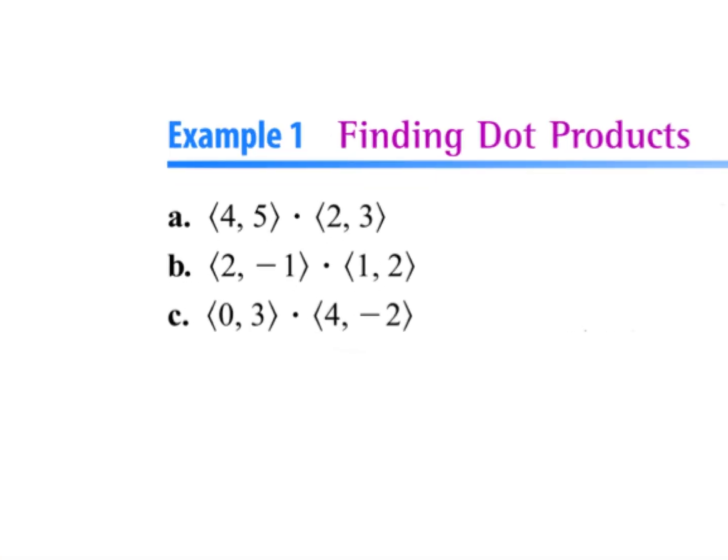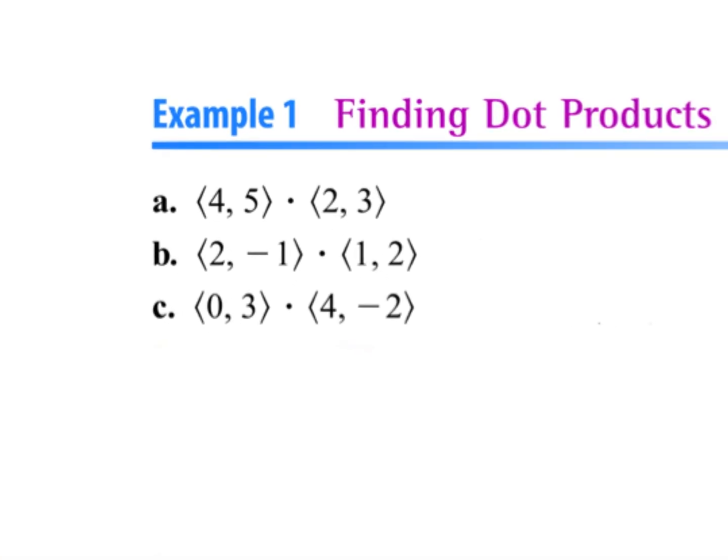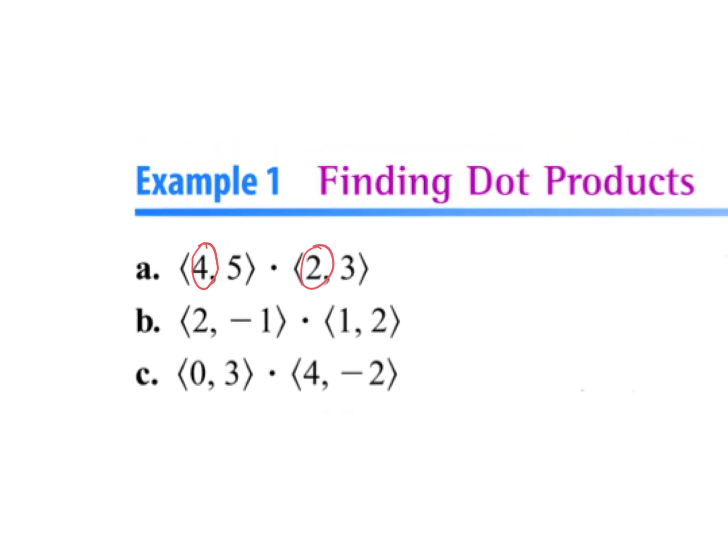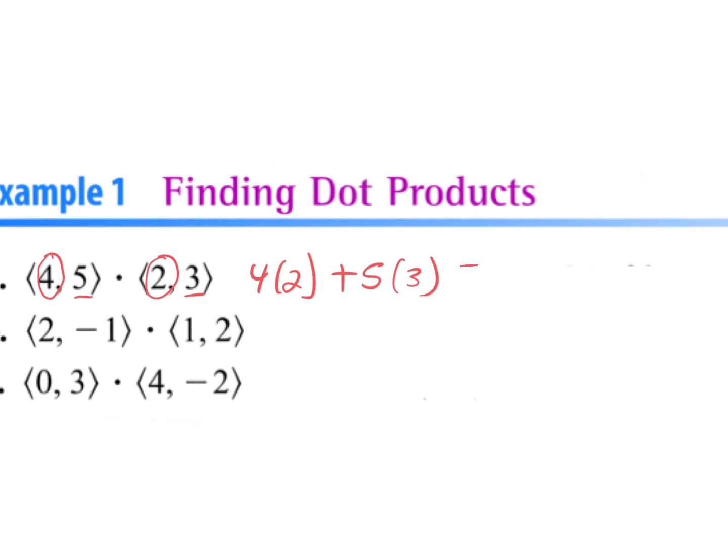So here's a question that will say find the dot product, okay? When you find the dot product, you're not multiplying the two vectors together. You're multiplying first times first. I'm going to write it out so you guys can see it. 4 times 2 plus 5 times 3. When you simplify this, what is 4 times 2? 8, good.